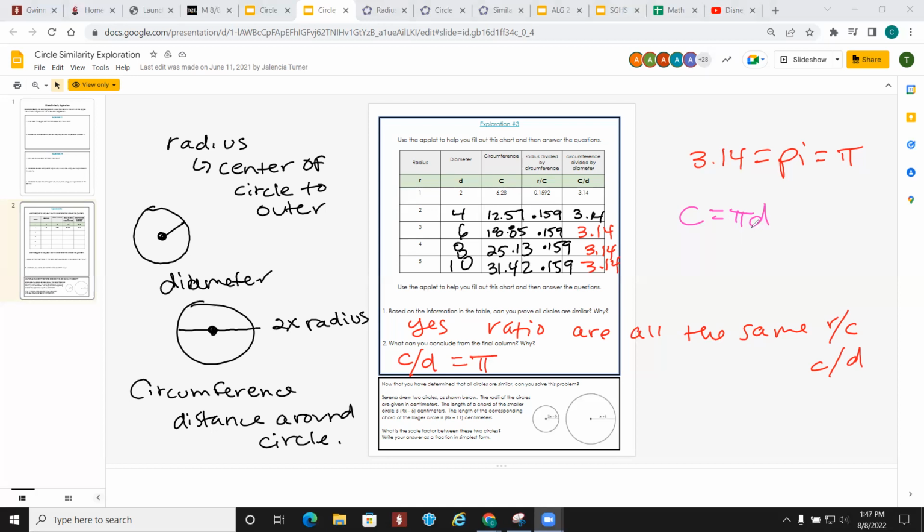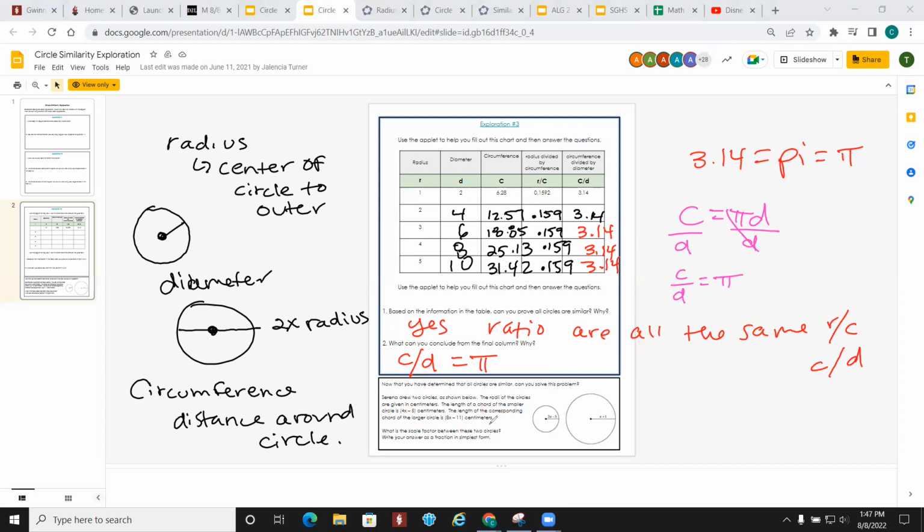Vaguely? If you wanted to solve for pi from this formula, you would just divide by diameter. And look at what this gives you. That's proving that they are all similar.